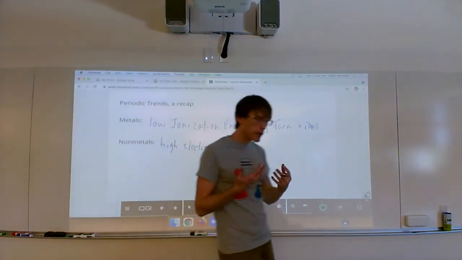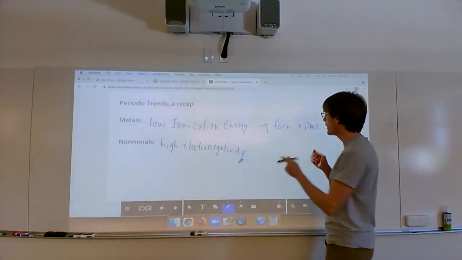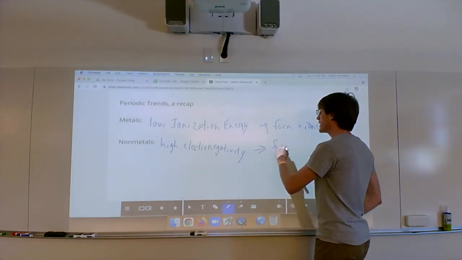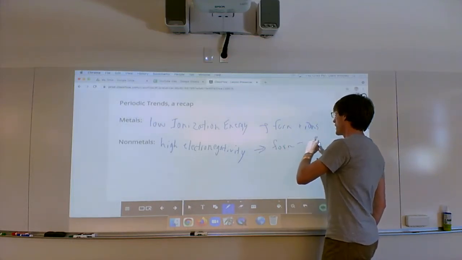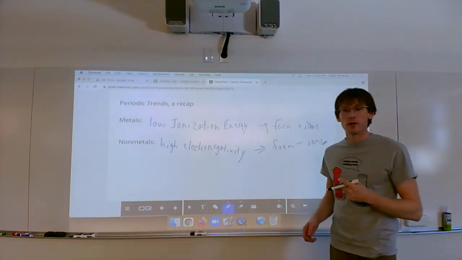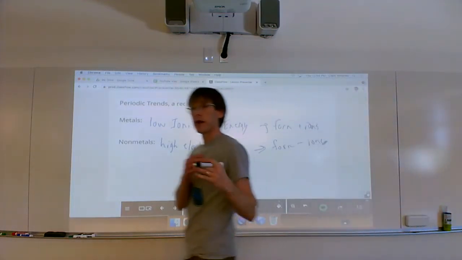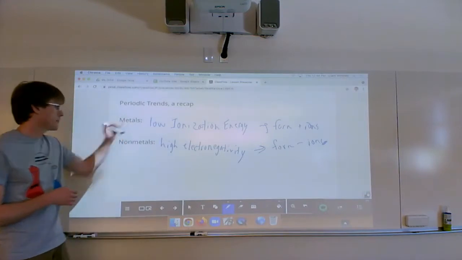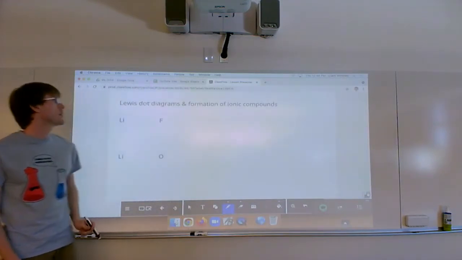And so if they're good at pulling electrons towards them, they're good at becoming negative ions, also known as anions. So nonmetals on the right of the periodic table will gain electrons. Metals on the left will lose electrons.